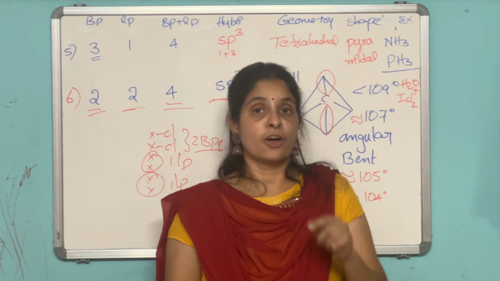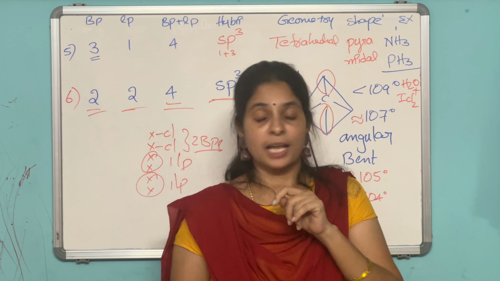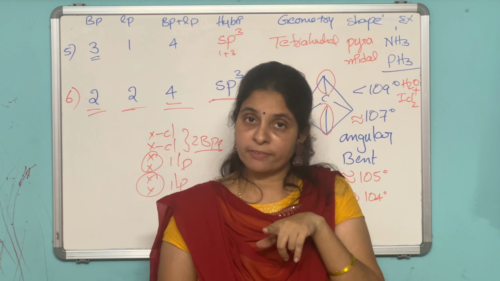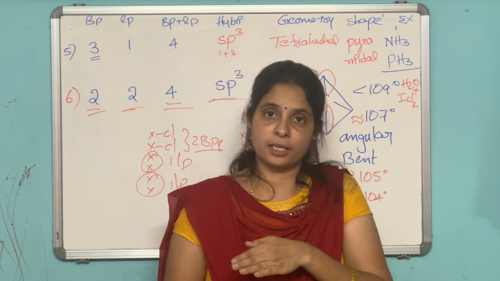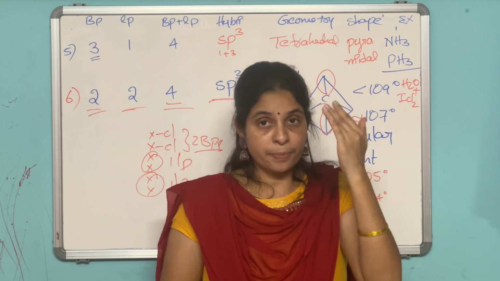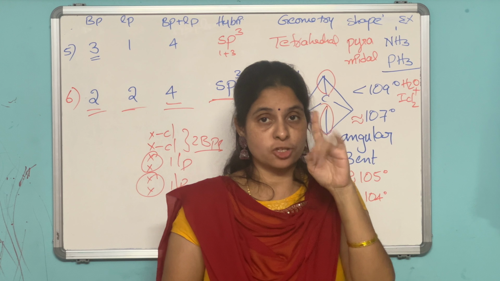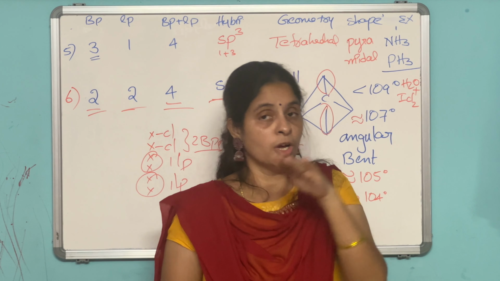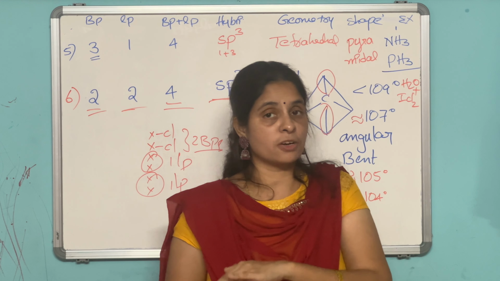If 1 lone pair is there, for example ammonia, 107 degrees, because it should be less than 109 degrees. From our basic geometry, 4 bond pairs give tetrahedral geometry, 109, and there will be a slight decrease because of the lone pairs.